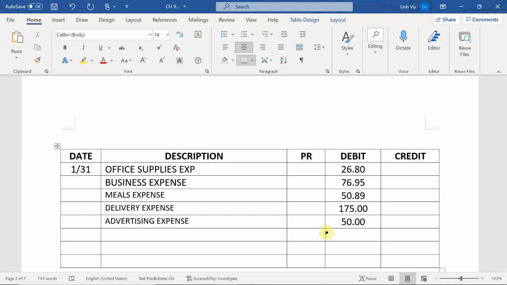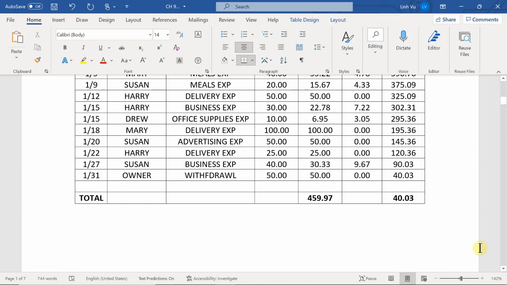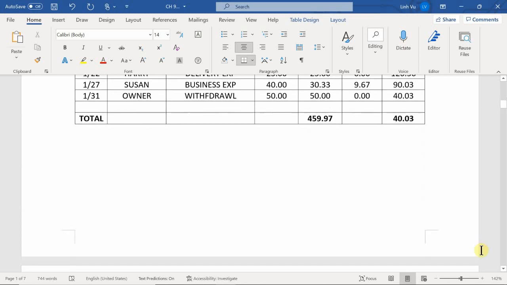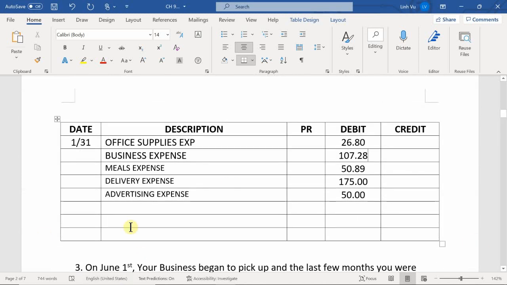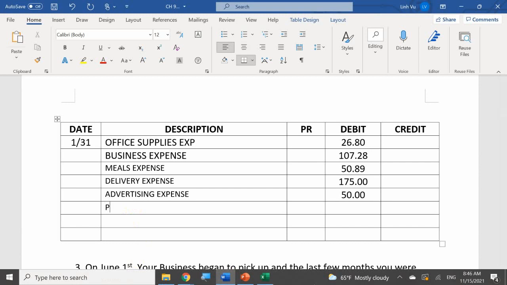So what's my grand total there? 107.28. Yes. 107.28. Okay. And then last but not least, we had an owner taking money out from the petty cash drawer for $50. So owner's draw for $50.